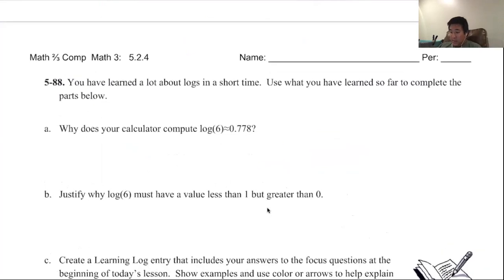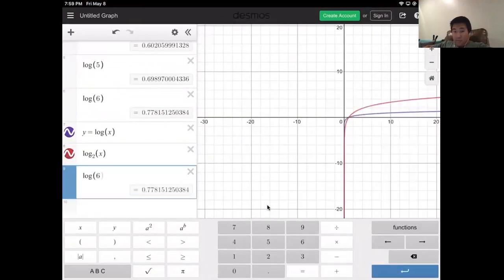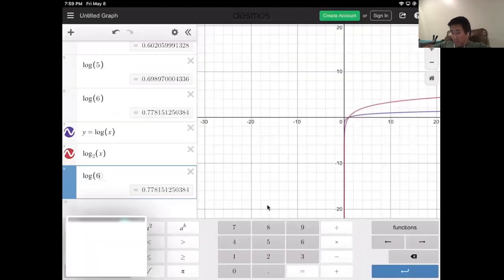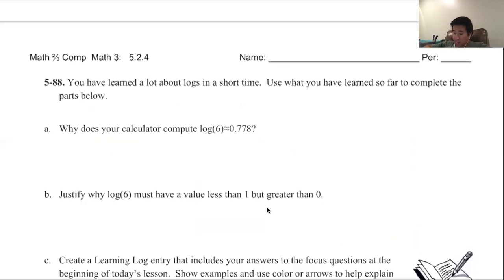5-88. You've learned a lot about logs in a short time. Use what you've learned so far to complete the parts below. Why does your calculator compute it?